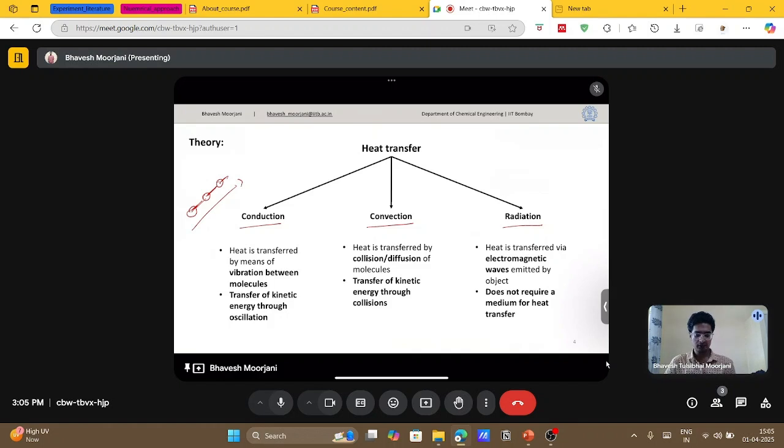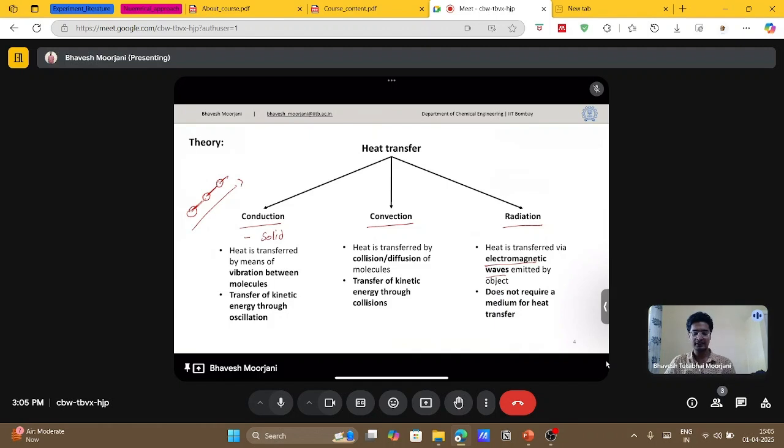And for radiation, what we learned is that both convection and conduction require a medium for the heat to flow, right? While in radiation, heat is transferred through electromagnetic waves, so we don't need any medium. It can pass through vacuum also. And the example that we studied is that most conduction occurs in solids, right?